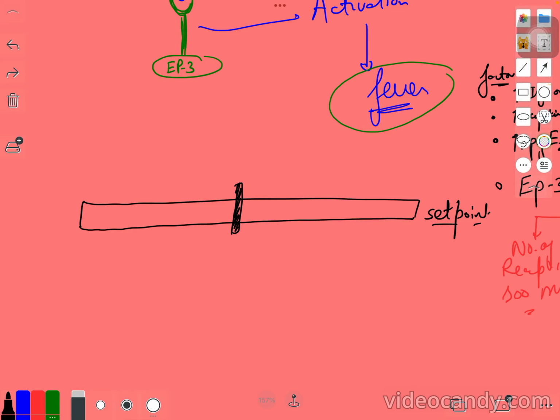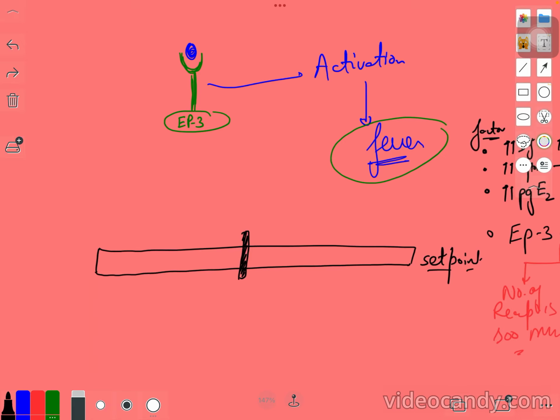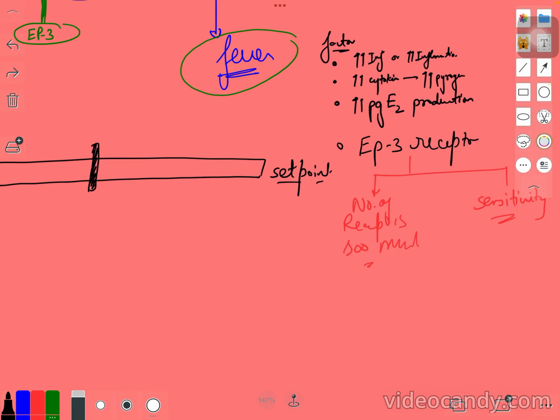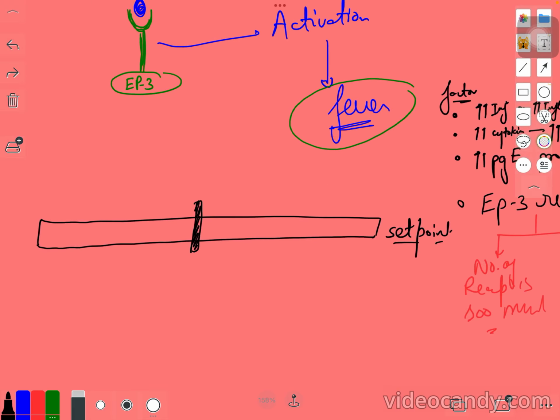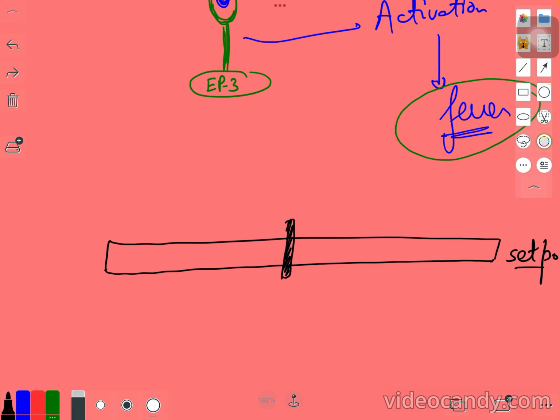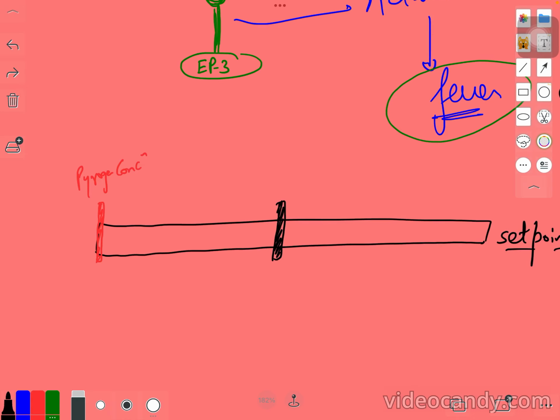However, in certain situations, when there is a huge amount of infection and inflammation, and huge pyrogen release, it depends. Let's say this bar is your pyrogen concentration. The black one is the threshold, which is your hypothalamic set point.